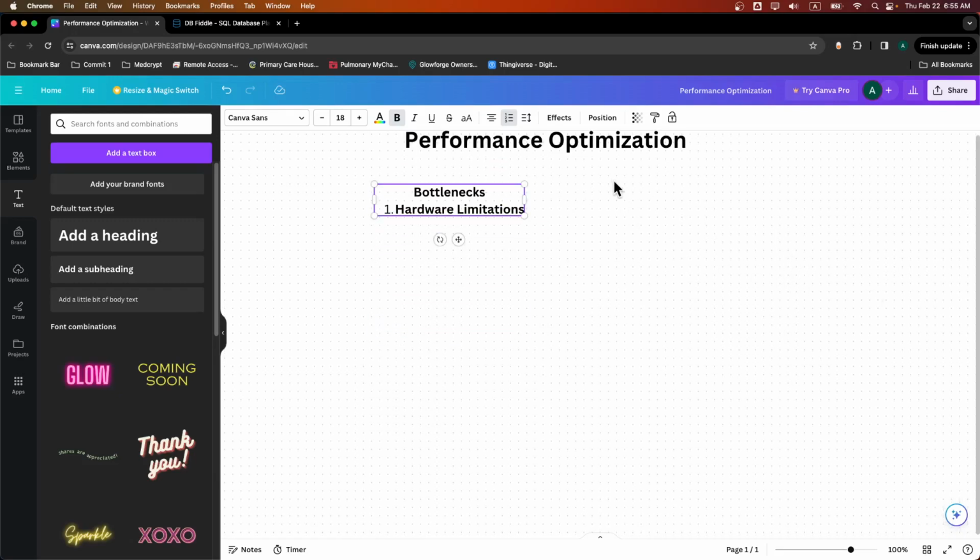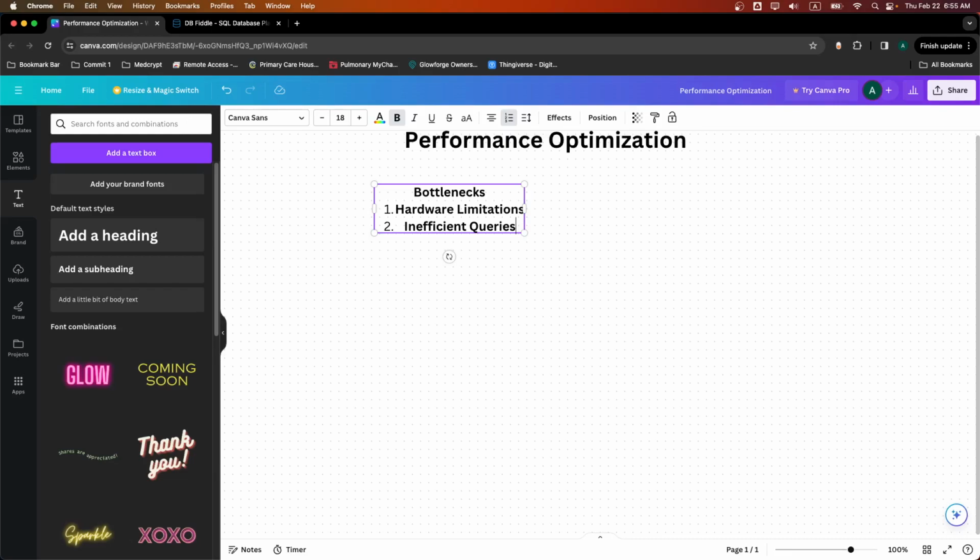Okay, another very important bottleneck is inefficient queries. If you have complex or poorly written queries, you can run into situations where you need more processing power and it's going to take longer to execute.